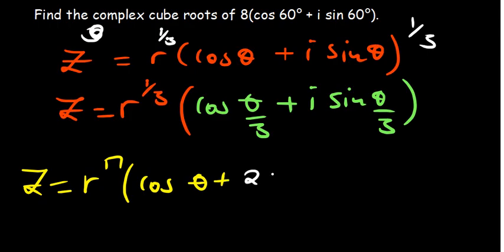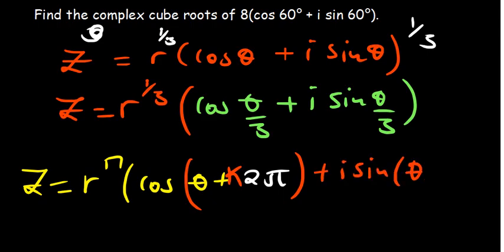You can say 2 pi to generalize that, multiplied by k, how many times you rotate, plus i sine of theta plus 2 pi k. This is in radians. In terms of degrees, where they have put 2 pi, you can just put 360 to show how many times it rotates, plus the original angle.